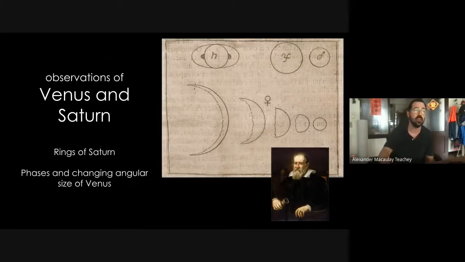These sketches right here are Galileo's sketches of the planet Venus. This is hugely important because what you can see here is that Venus is going through phases, just like the moon, and also it's changing its size. So what's happening here is that when we see Venus like this, it's on the far side of the sun, so it's comparatively far away from us, and we are seeing it fully illuminated.